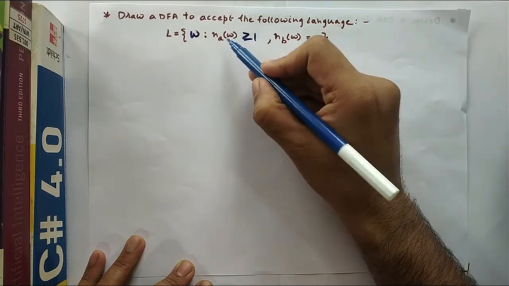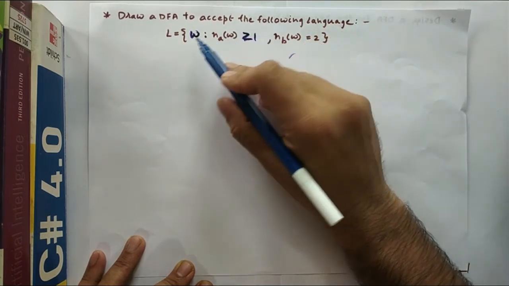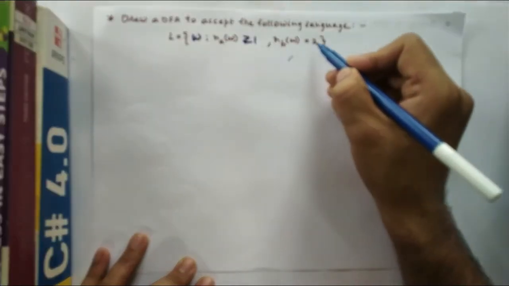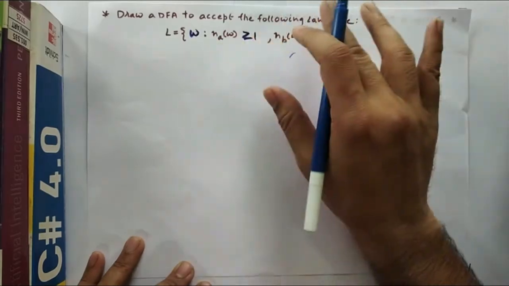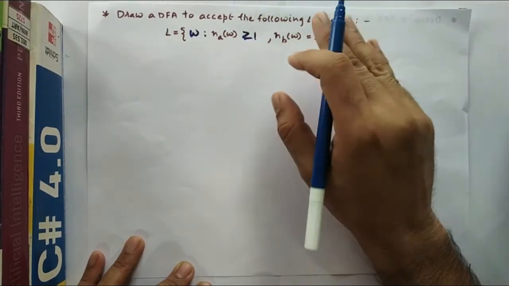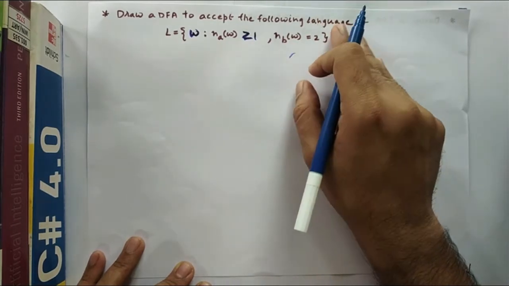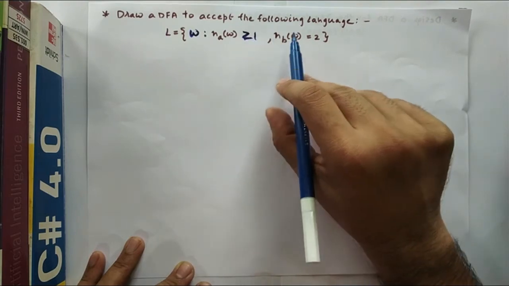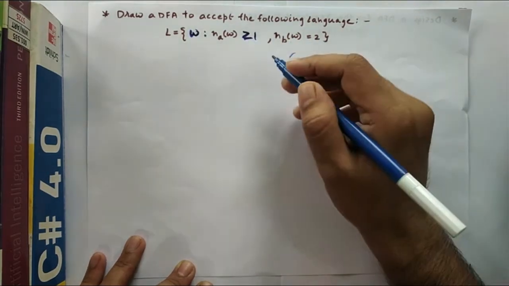That means at least one A should be there in the string W, and number of B's in W should be exactly 2. So basically the language contains strings of A's and B's, but the restrictions imposed here is number of A's should be at least 1, number of B's should be exactly 2.